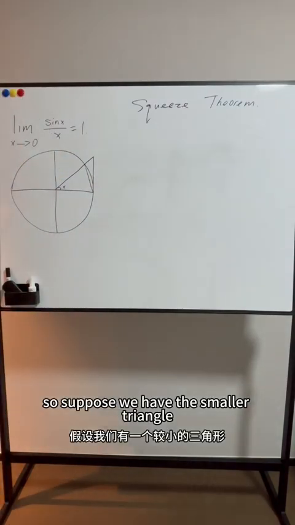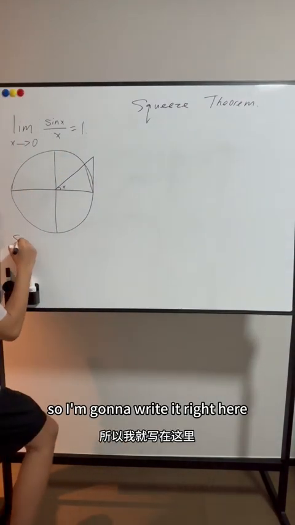Suppose we have the smaller triangle, so I'm going to write it right here.